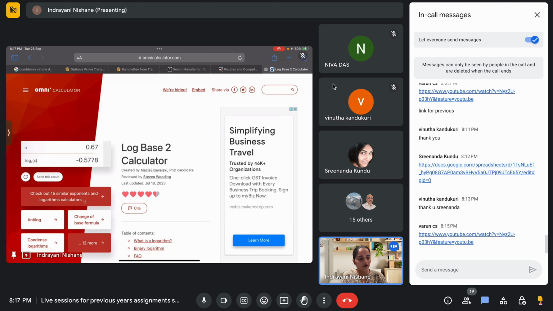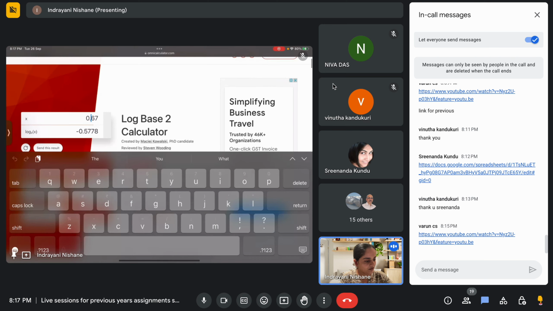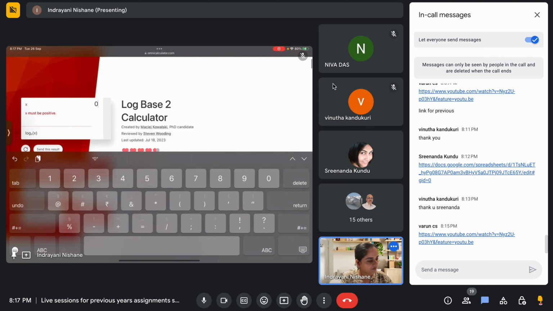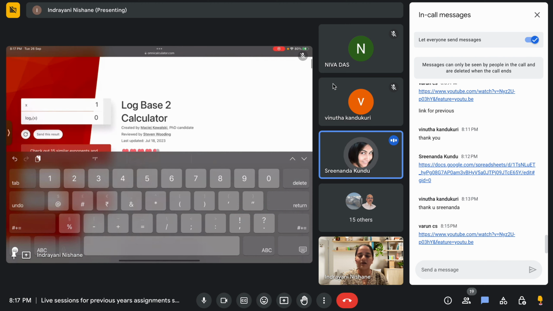So if you plot log to the base 2, let's see. Log 0 is undefined, so let's do the limits thing. Log 1 to the base 2 is 0.